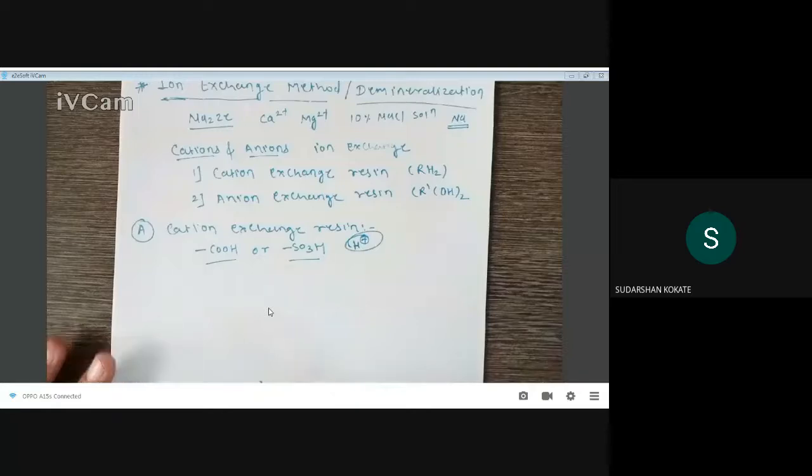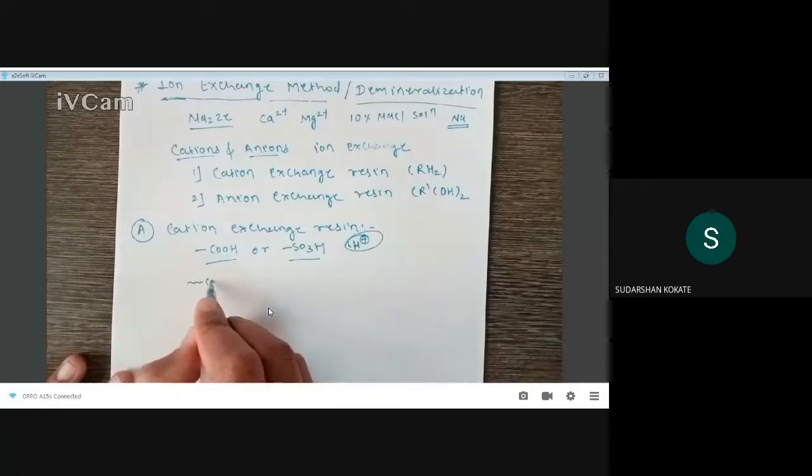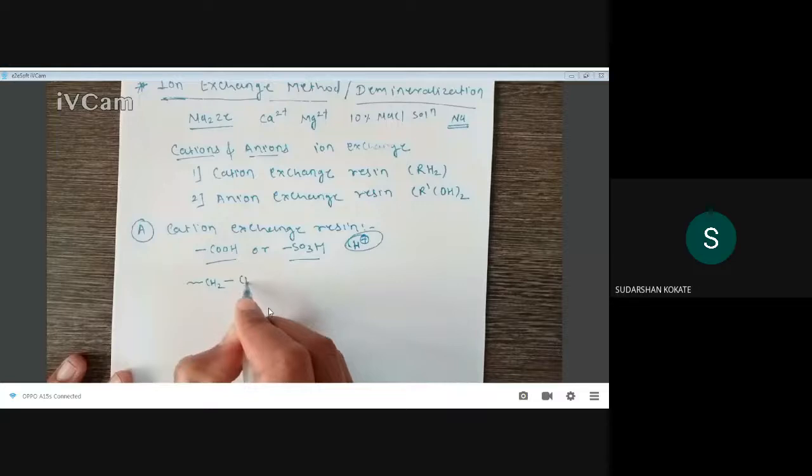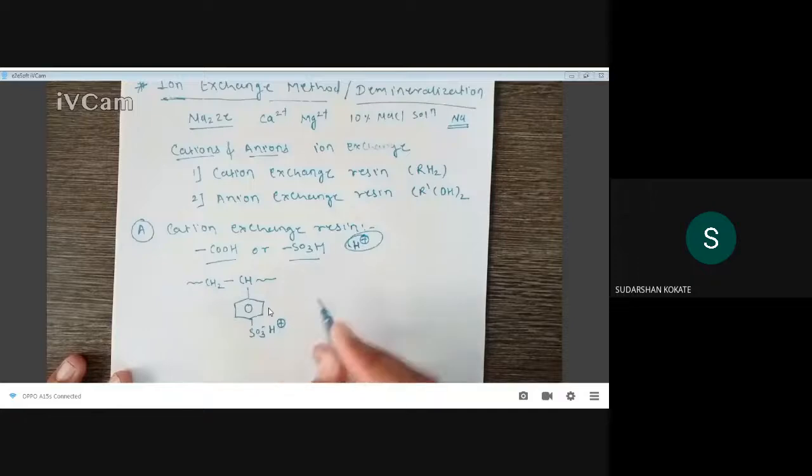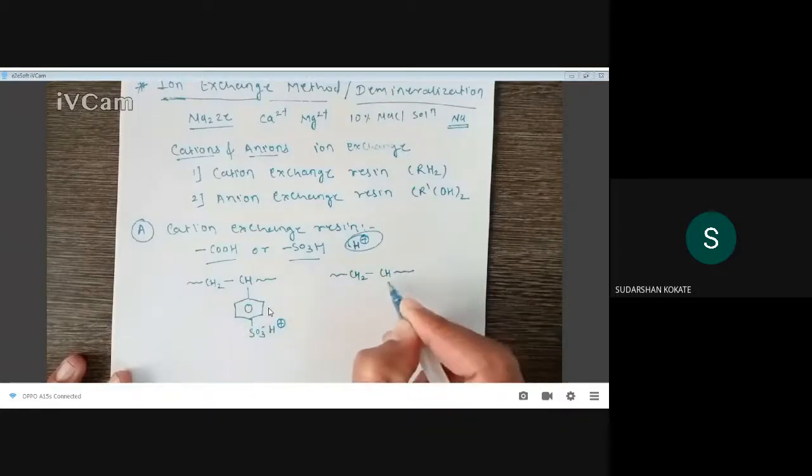The structure of this copolymer is like this: CH2 bond CH, and at para position sulfonic group SO3 minus H plus, CH2 CH, again at para position carboxylic acid group COO minus H plus.